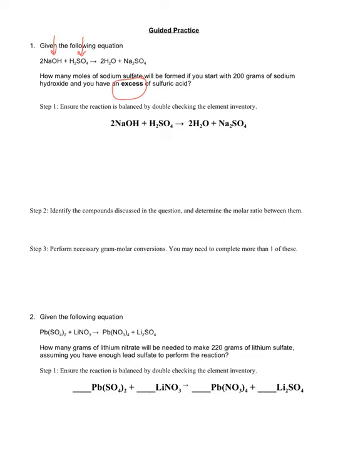Our first step is simply to check if our reaction is balanced. So what I'm going to do is write out each element. I have an Na, I have an O, H, S, awesome on both sides. So if I go across Na, I can see there's 2 Nas here, 2 Nas here.